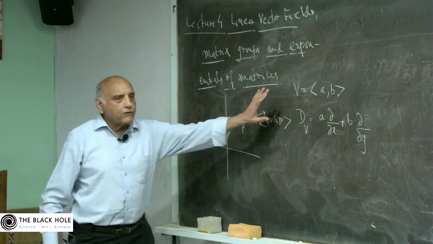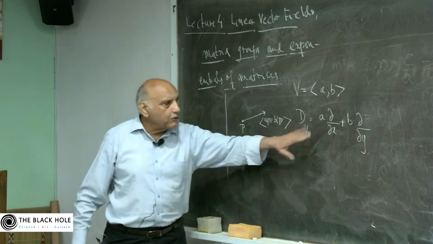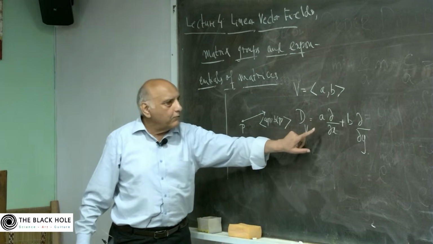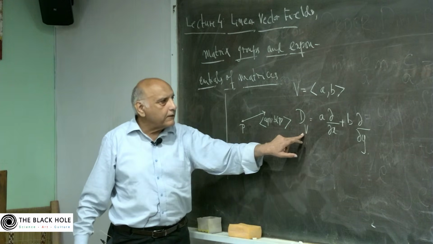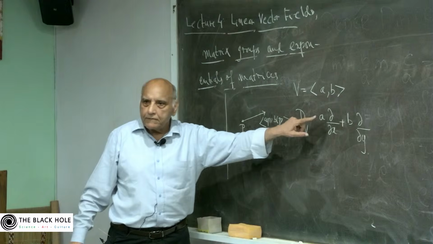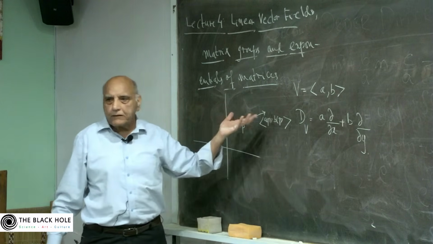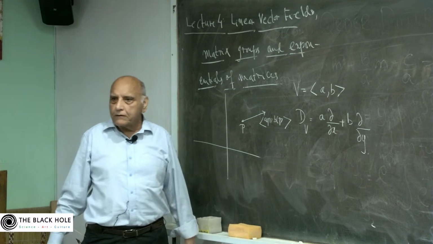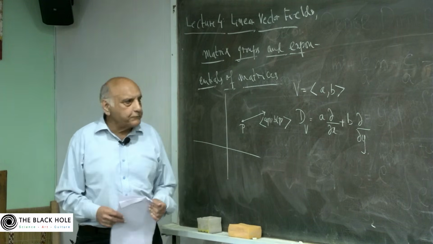And this correspondence is unique. Of course, you can calculate what A and B are by just evaluating the operator on the functions x and y. And there is nothing special about 2, it works for any dimension whatsoever, okay?